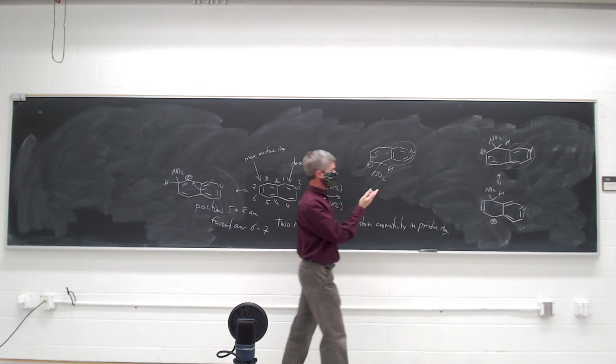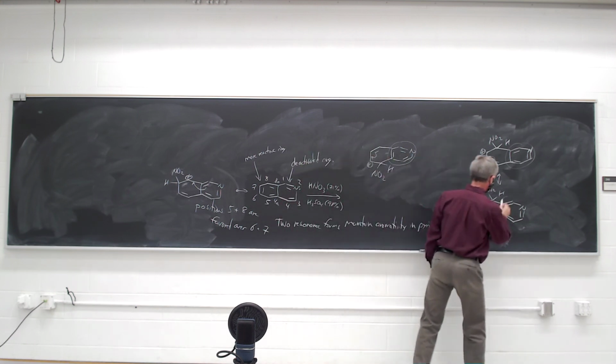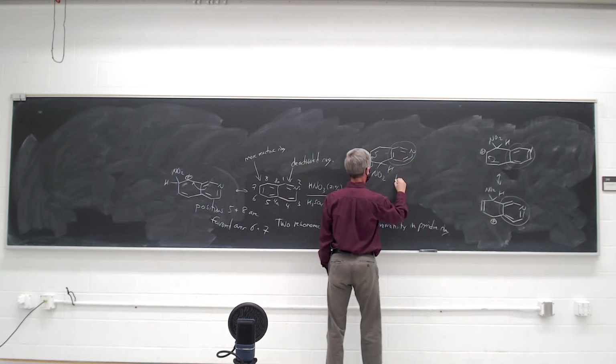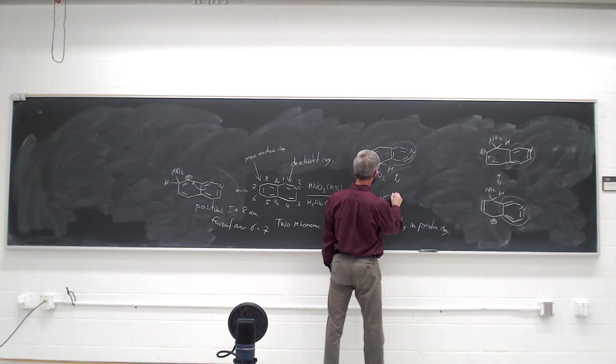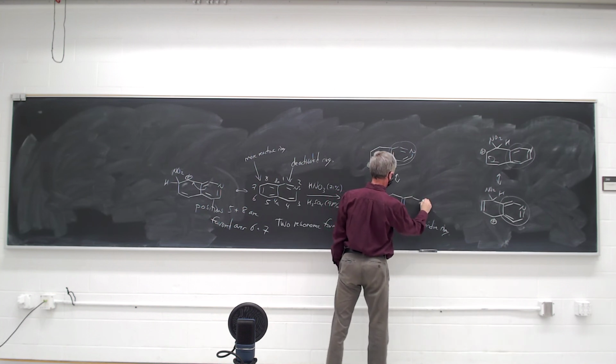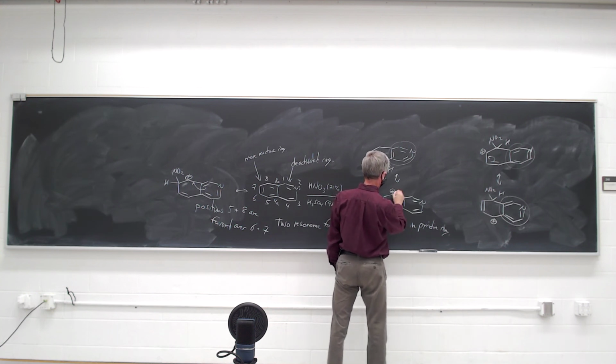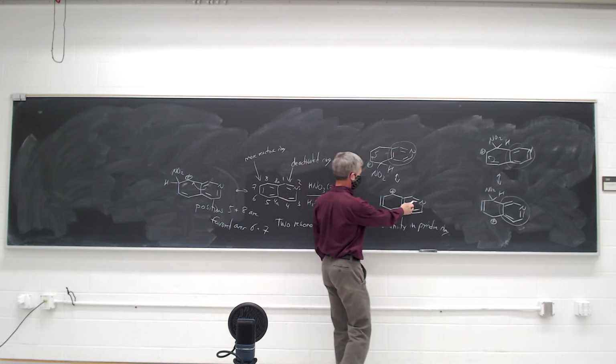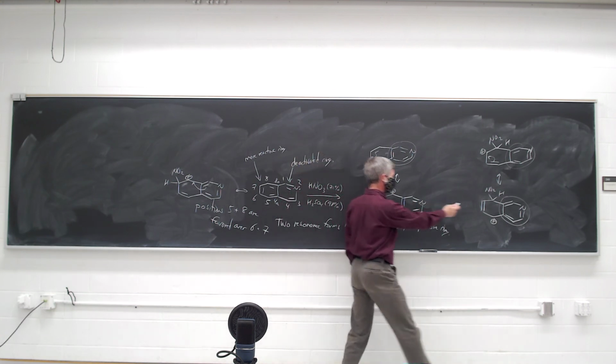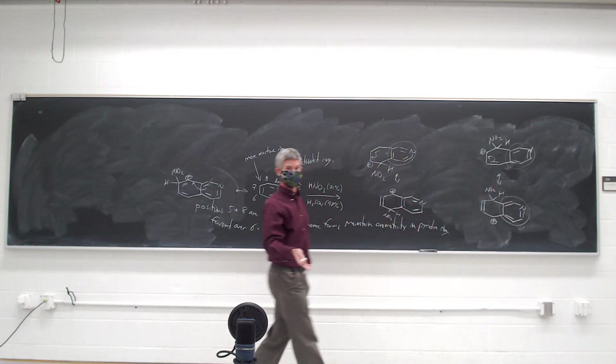Those are the resonance structures that are not available for attack at position 6 or 7. You'll notice it doesn't matter whether I show the pyridine ring in this resonance form or this resonance form, I get the same conclusion.